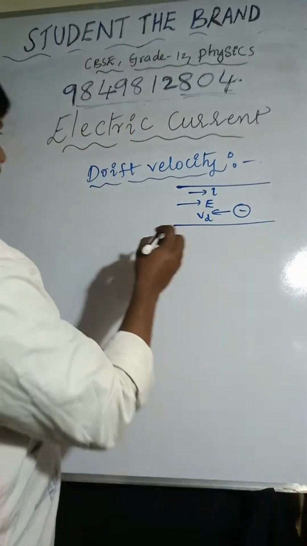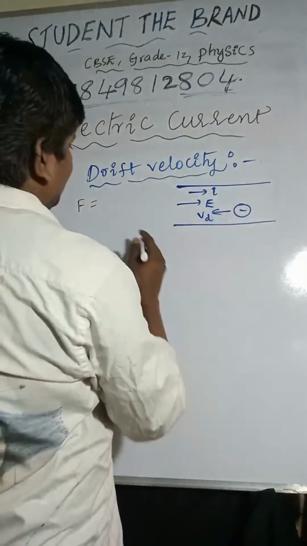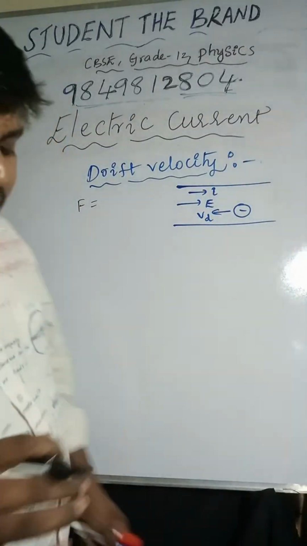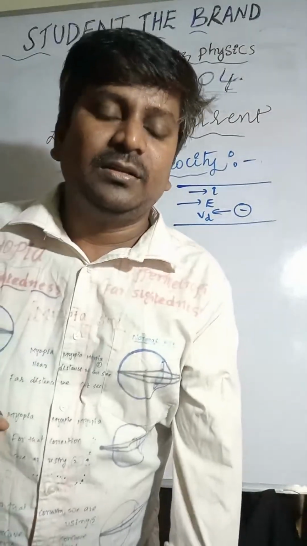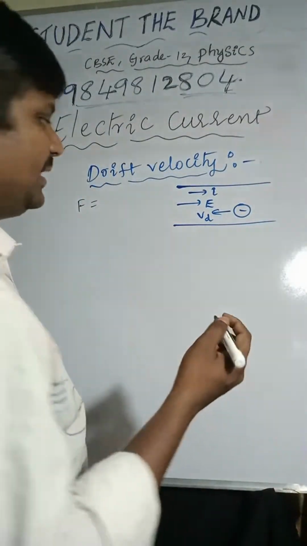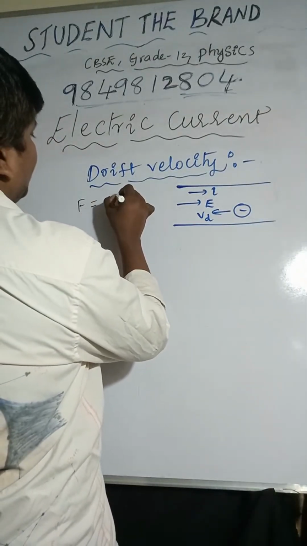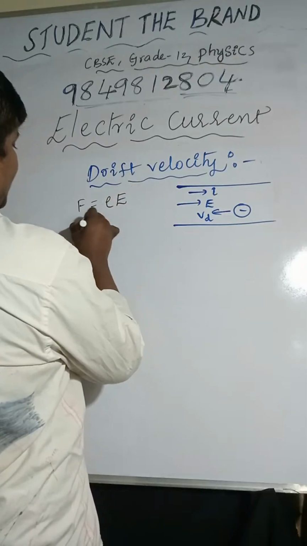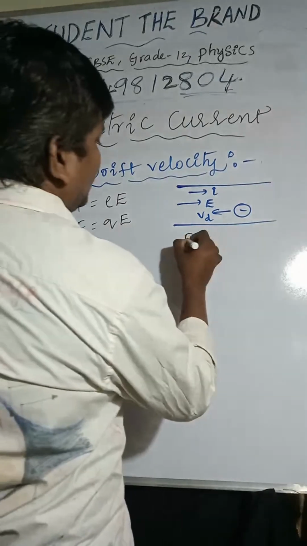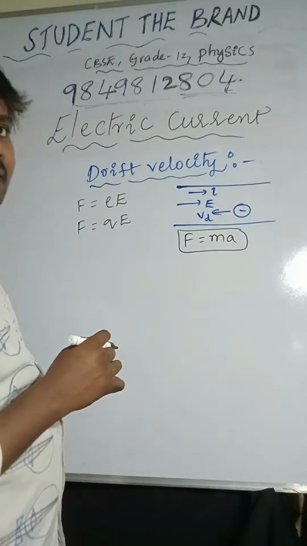Now you can observe here. Force will act on electrons because they are moving opposite to the electrical field. Definitely force will act. Force F equals Q into the electrical field E. We know F equals ma, force equals mass into acceleration.